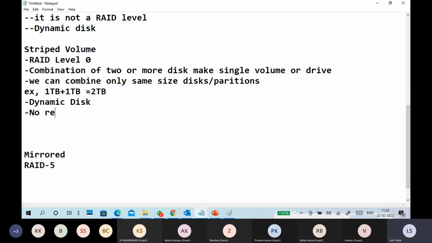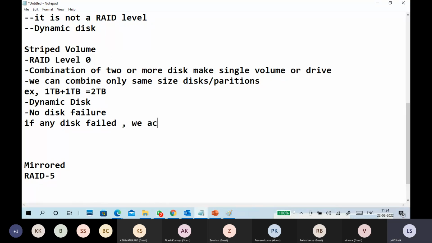No redundancy. No redundancy means no disk failure tolerance. Meaning, if any disk fails, we cannot access the data.